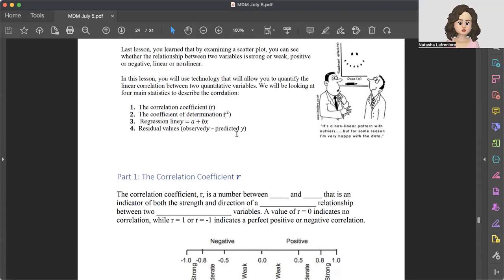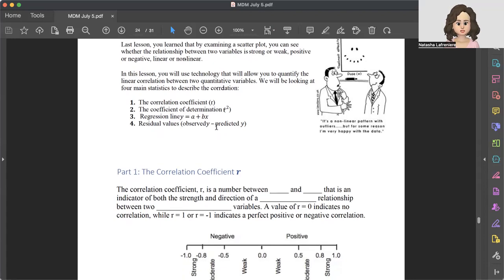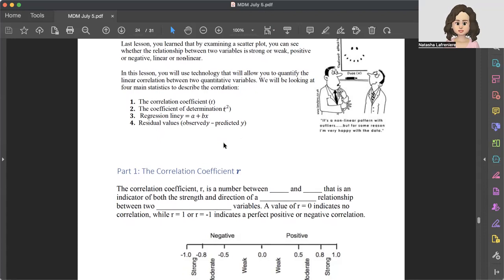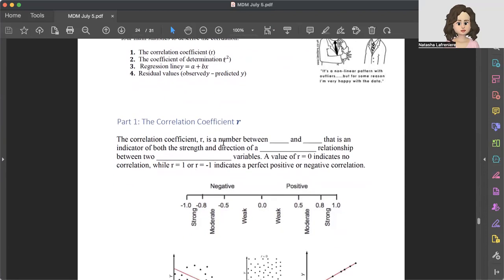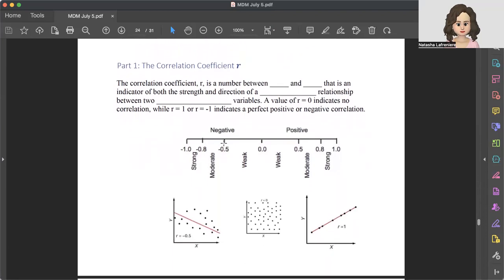We're going to look at the correlation coefficient, R, the coefficient of determination, which is R squared, the regression line, which is Y equals A plus BX. If you remember from grade 9 and grade 10, you have the equation mx plus b, very similar. It is linear, right? And then your residual values.